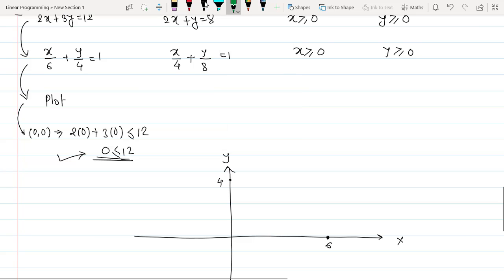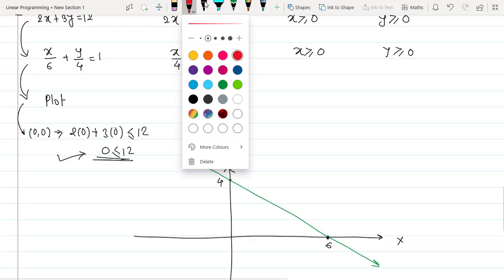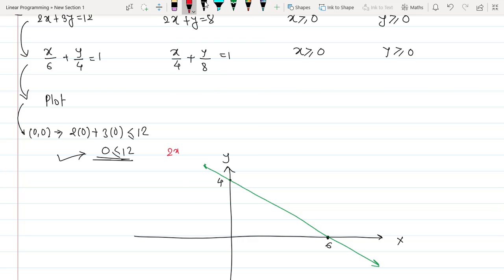Great, this is what I get, the straight line for the first inequality, which is nothing but 2x plus 3y equals 12. This is the first line.